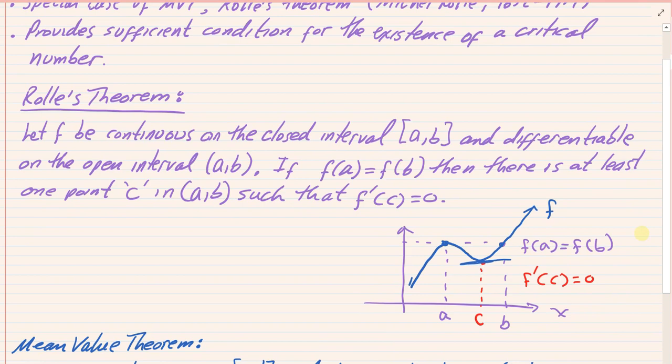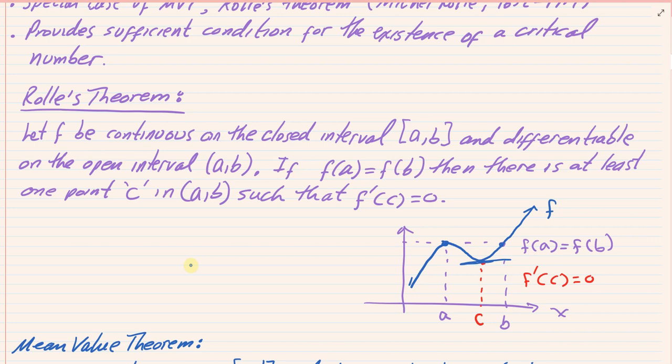Now, it's actually not difficult to prove this theorem. Since f at a equals f at b over the closed interval, by the extreme value theorem, there should be at least a number c in there where f prime at c is 0, right?